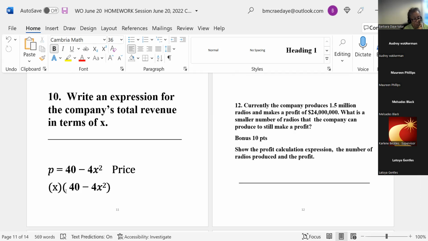That would be your revenue. x radios at 40 minus 4x to the second price. So that would be the expression for your total revenue in terms of x. And what's that equal to, Maureen? If you multiply that out, what do you get?